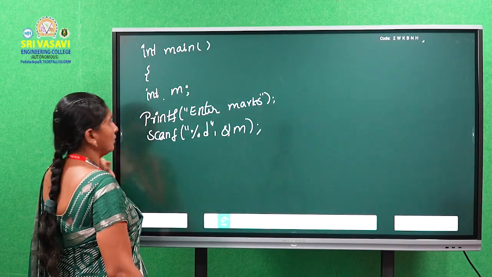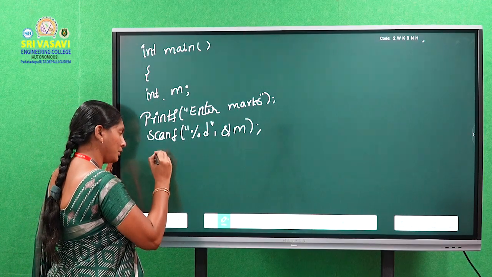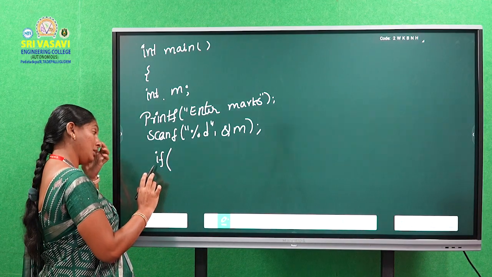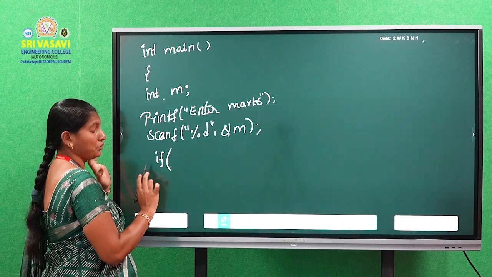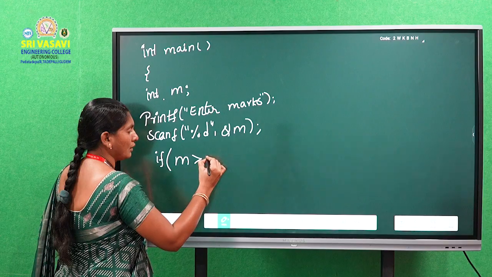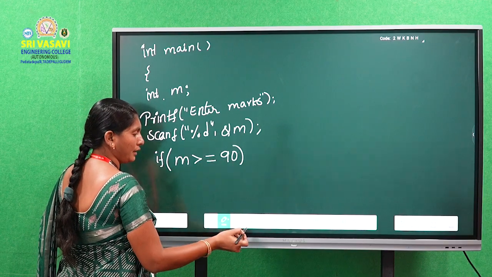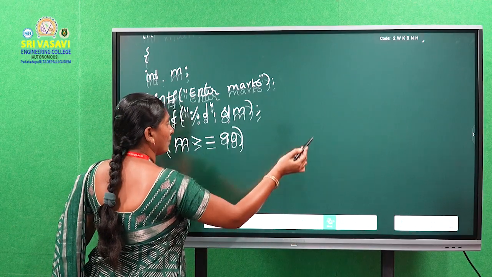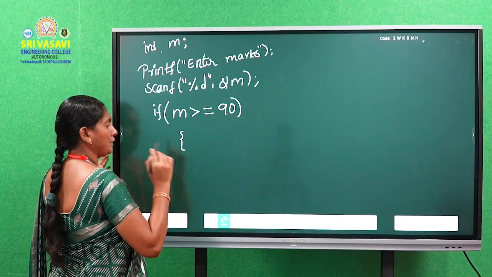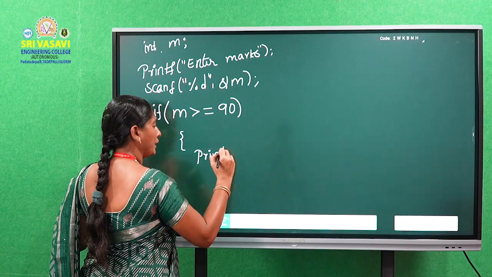Now I have to check the condition. What is the first condition? Checking a condition means you have to use if. If marks are greater than or equal to 90, then if this condition is true, immediately you have to print the grade.